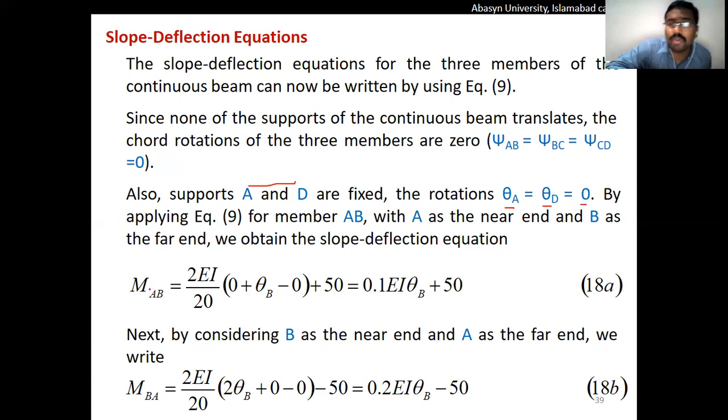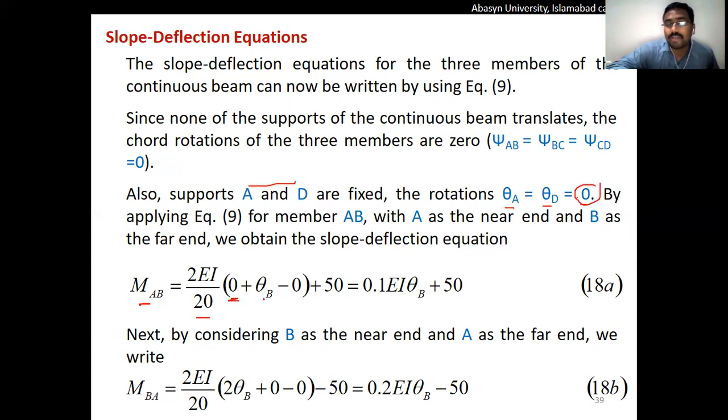So writing the slope deflection equation for member AB, with A as the near end and B as the far end, the equation is 2EI over L, where 2EI remains a constant, and L is the length of span AB, which is 20 feet, times 2 times the rotation at the near end, point A. The rotation at point A is 0, as already mentioned that it is a fixed support, so its value becomes 0.